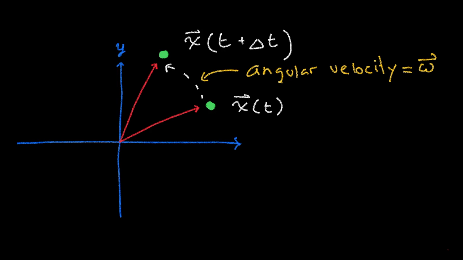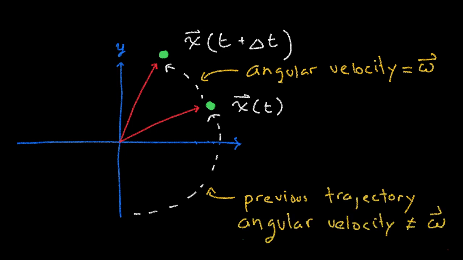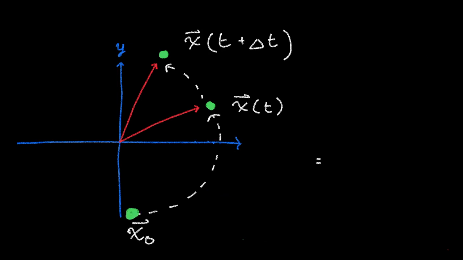The final question we want to answer is, what is the right way to compute the rotation matrix derivative when there's a whole bunch of previous trajectory for which the angular velocity did not equal omega? So we have this rotating particle. It's always rotating around the same circle, but it can be speeding up and slowing down. So let's see how we do this.